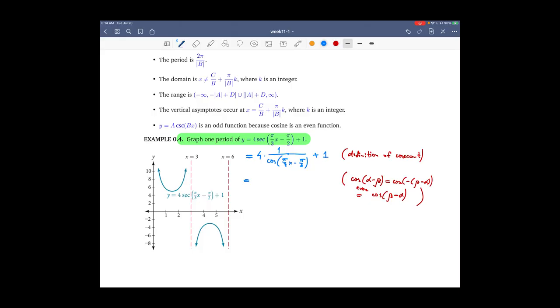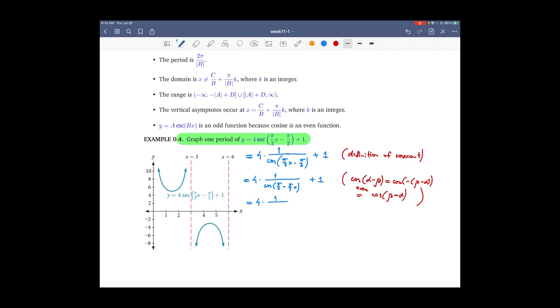If I do this here, I simply flip pi over 3x and pi over 2 and get cosine of pi over 2 minus pi over 3x. Now, cosine of pi over 2 minus some angle, by a co-function identity, is simply sine of that angle.